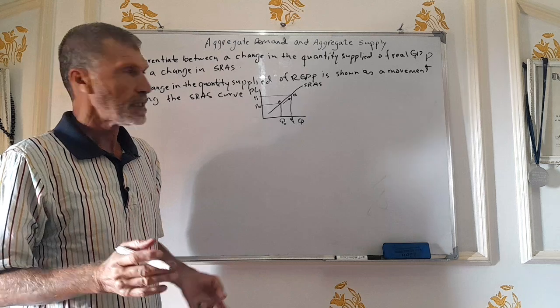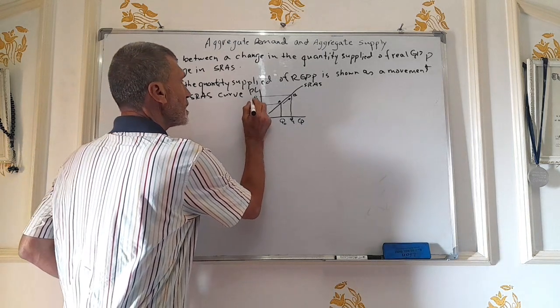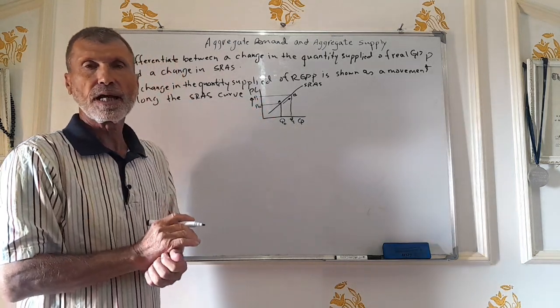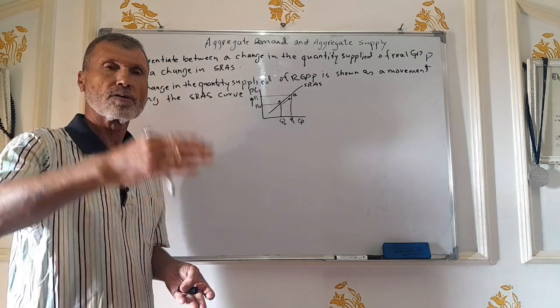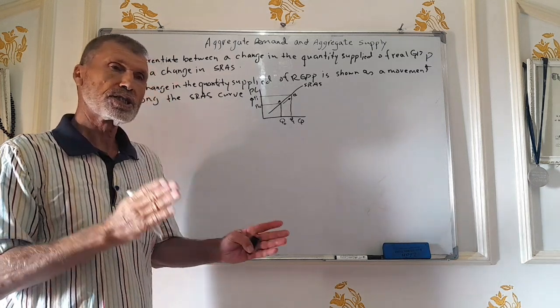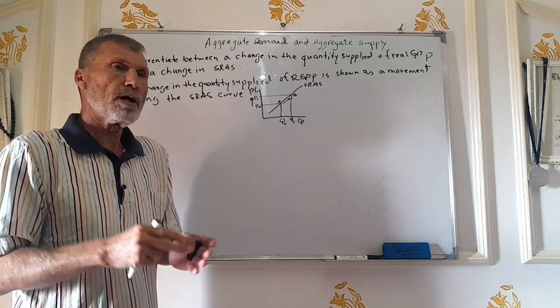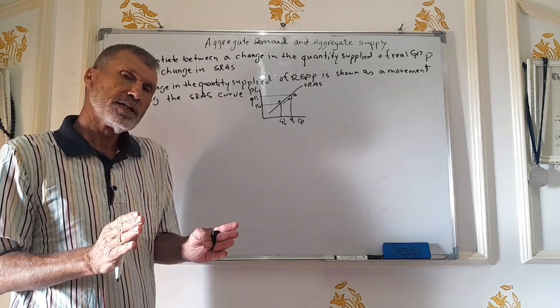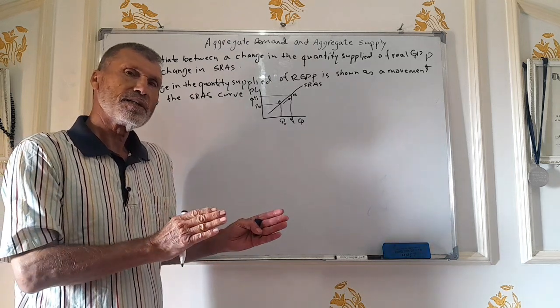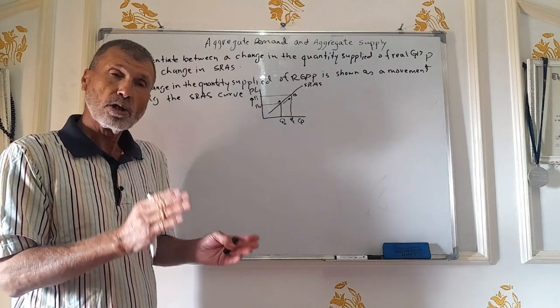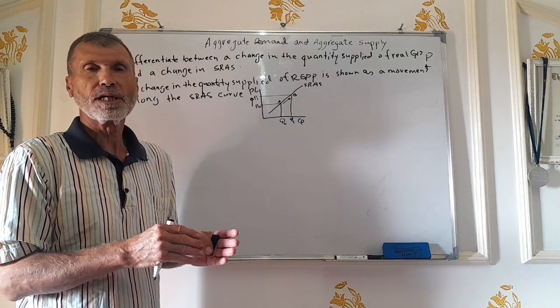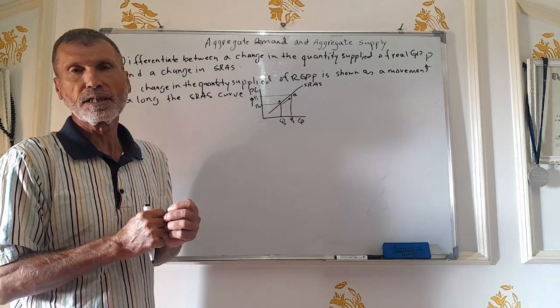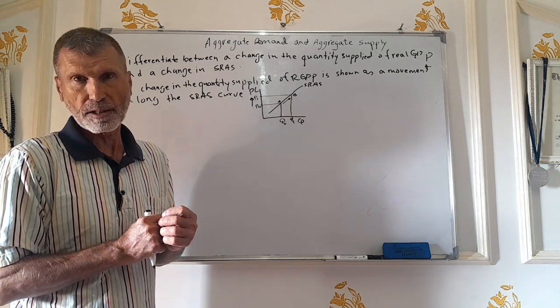And as I said, the price level is the only factor that can cause this type of movement along the short-term aggregate supply, or a change in the quantity supplied. So the quantity supplied changes when the price level changes.